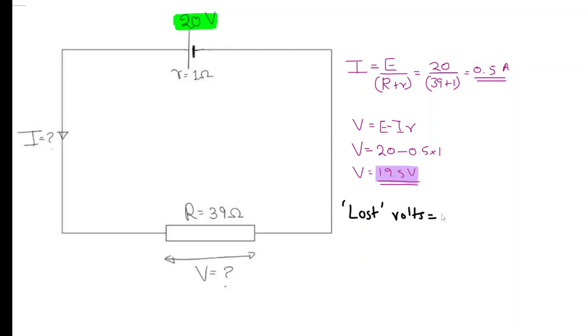So in this example, it is 20 take away 19.5, which is 0.5 volts. Now, what really happens is, if you think about it, this 0.5 is actually kept across the power supply to drive the current through the 1 ohm internal resistor. If you use V is equal to IR, you can clearly see for a current of 0.5 amps through a 1 ohm resistor, it needs to keep 0.5 volts across it.